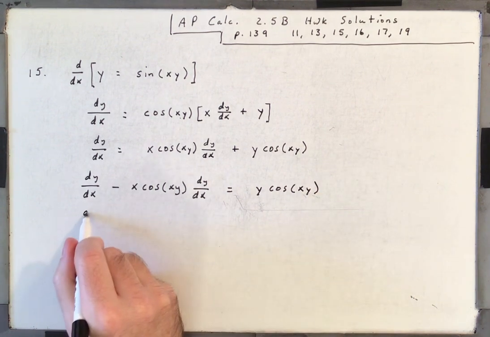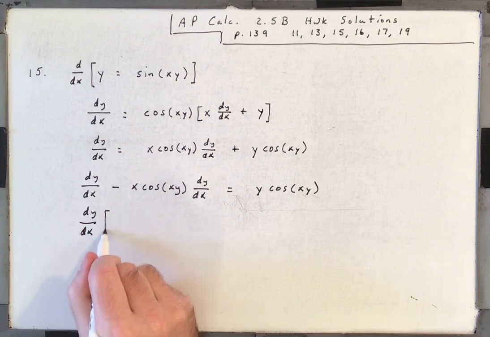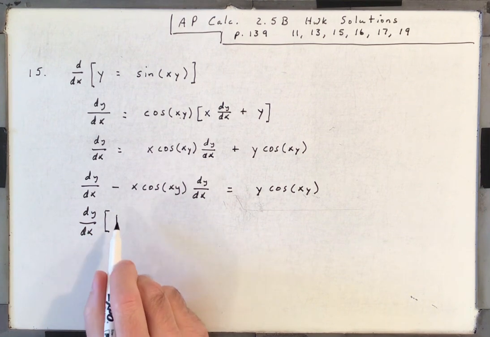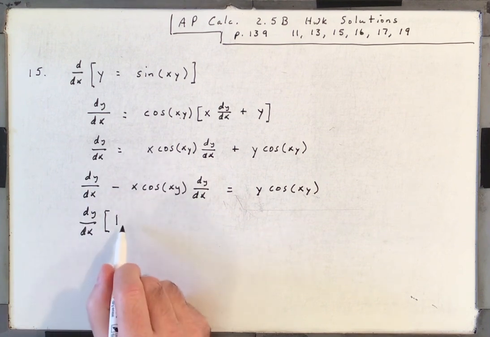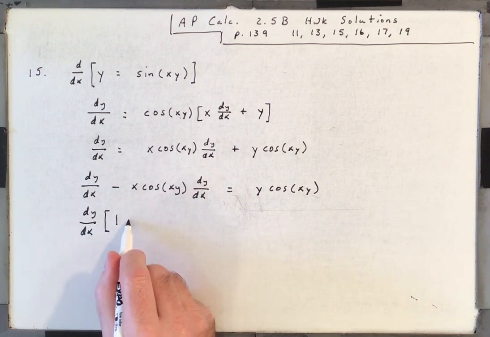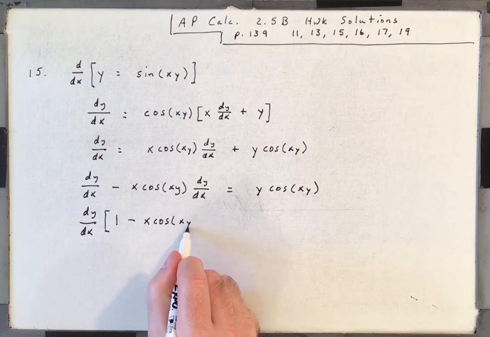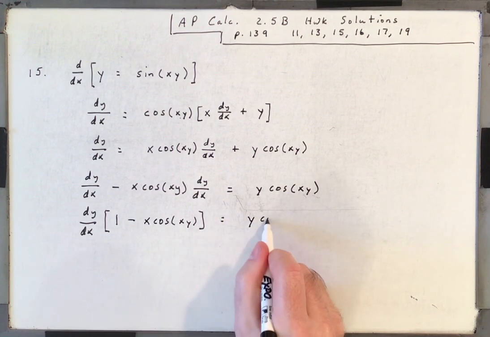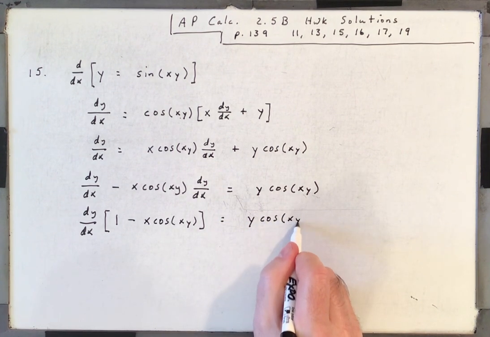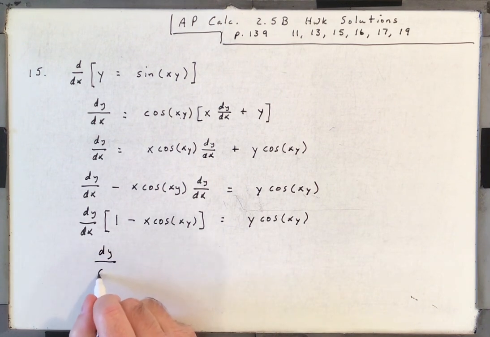Let's factor out a dy dx, and I'd have 1. Remember, we're factoring out a dy dx. Out of dy dx, it's 1. That's such a common mistake. Minus x cosine xy is equal to y cosine xy. Hey, we're almost done here. Dy dx.